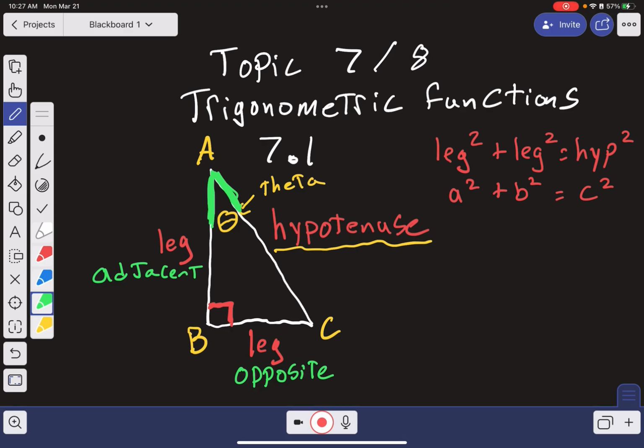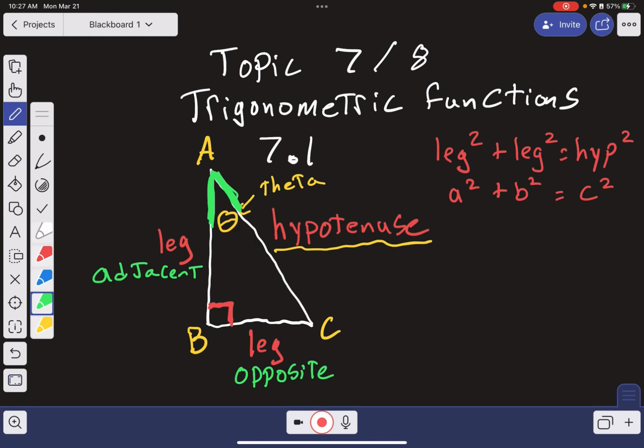The adjacent side makes up the acute angle with the hypotenuse. The opposite side is across from our acute angle. You have to be able to identify the opposite, adjacent, and hypotenuse on any right triangle in order to do anything we're going to do going forward.